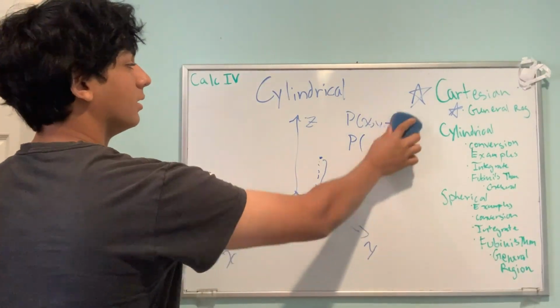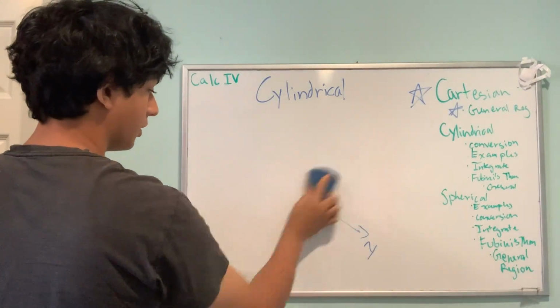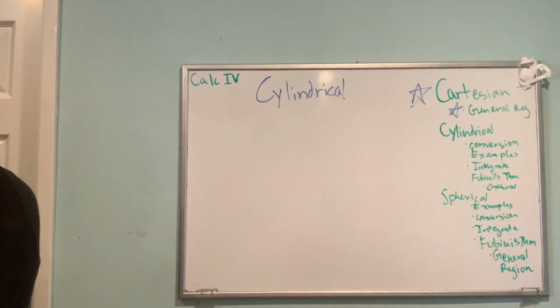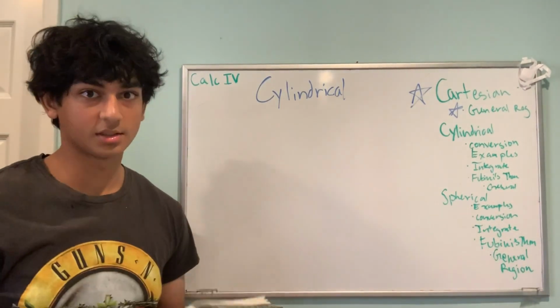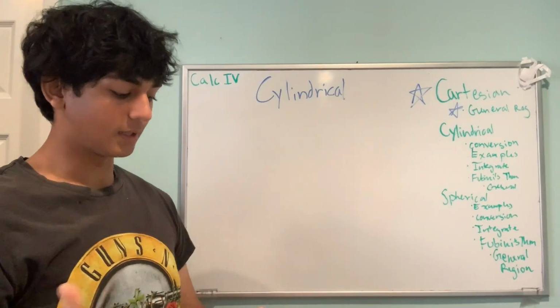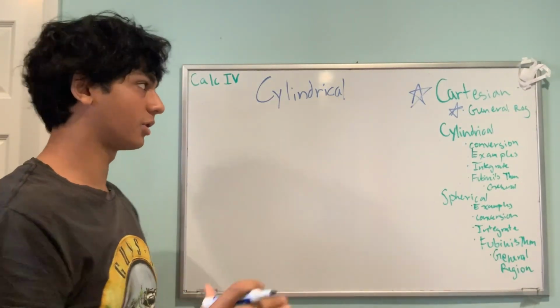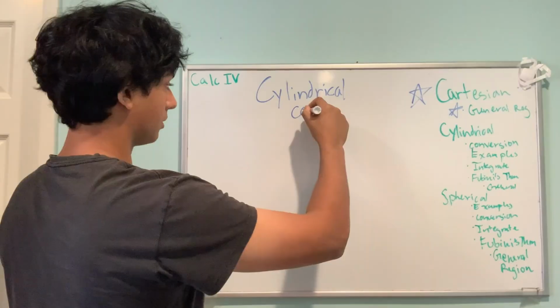Now, some simple conversions between the Cartesian coordinate system and the cylindrical coordinate system, because you will have to translate between the two while you're solving some problems. So, conversions.